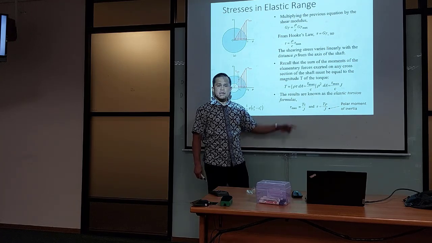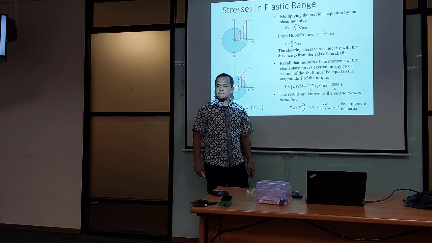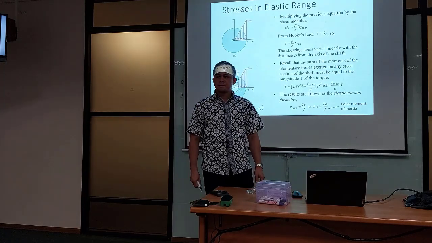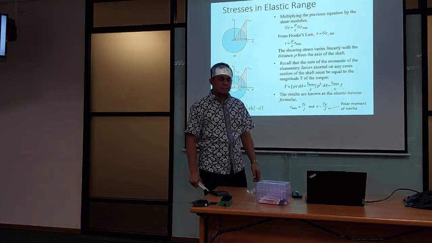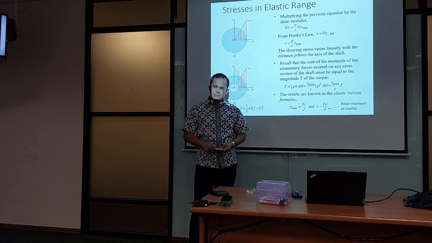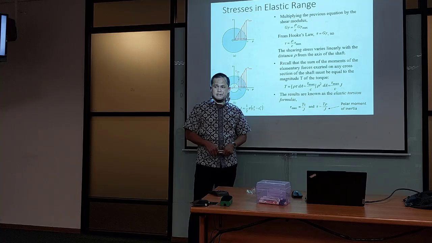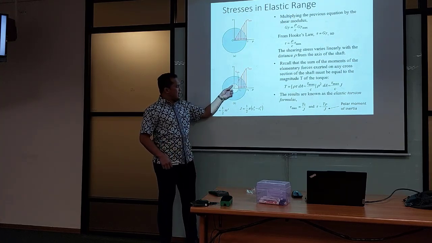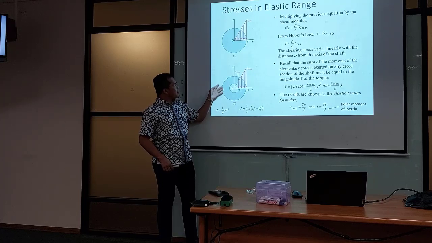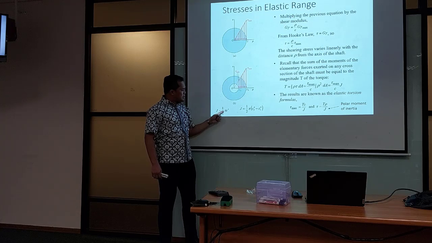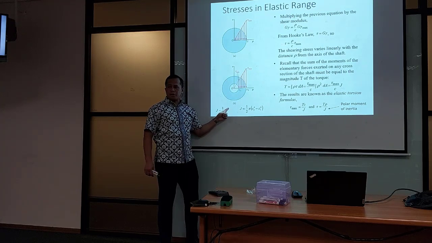Can you remember this equation? J is different for each shape; each has its own J formula. For example, J for a circular shape is 1 over 2 pi c power 4.